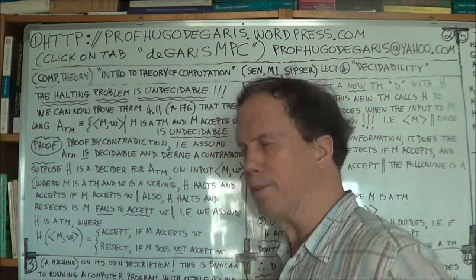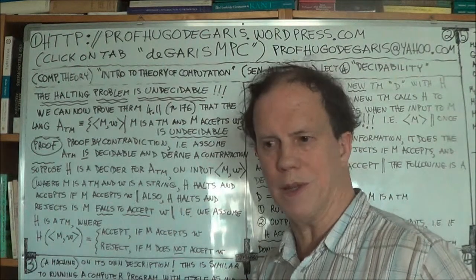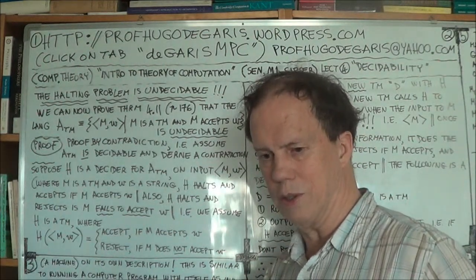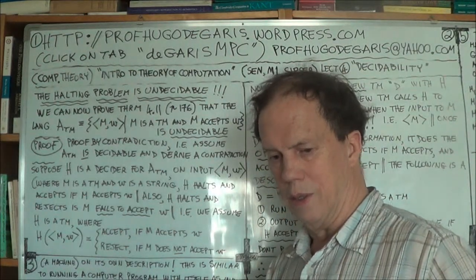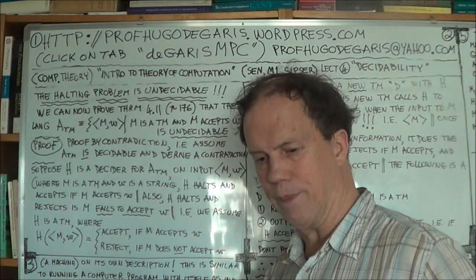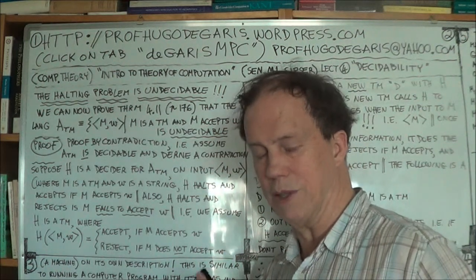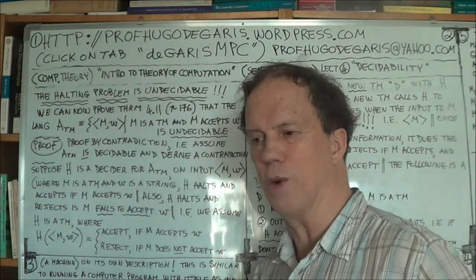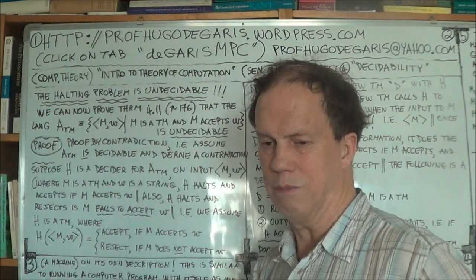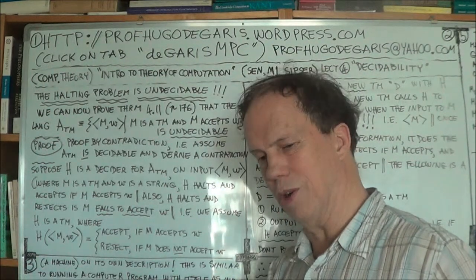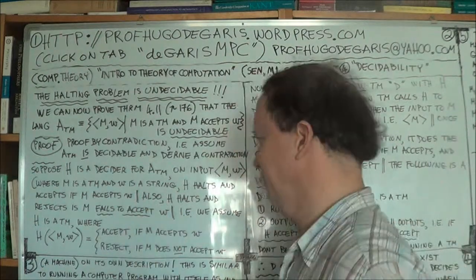It's called looping. So there are effectively three things a Turing machine can do. It can accept, reject, or loop, or in a sense, only two things. It can halt, or it can loop. In other words, it can halt or not halt.